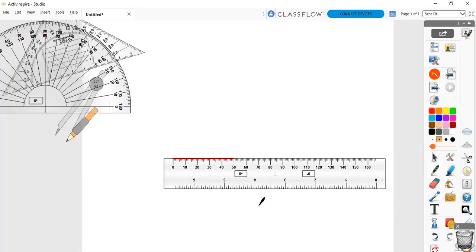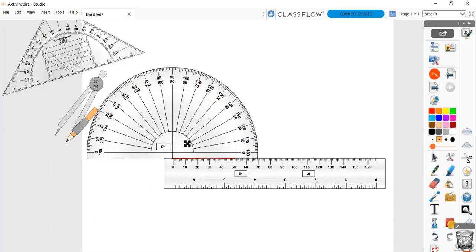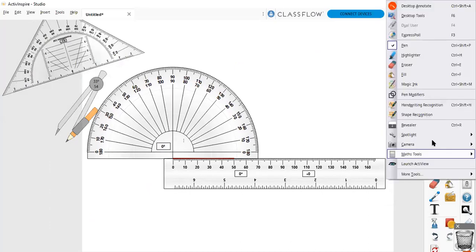Then 108 degrees. How to get 108 degrees? By just using this protractor. You can draw 108 from this.